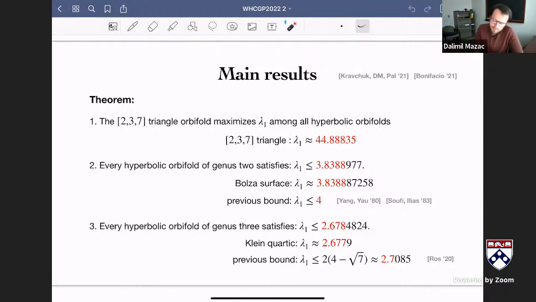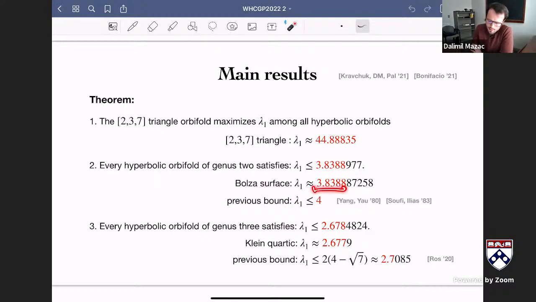Okay, so this looks like some random transcendental number, but the rigorous statement that we proved is obtained when you interpret it as a rational number. And remarkably, there is a surface, this Bolza surface, which comes very close to saturating this bound.